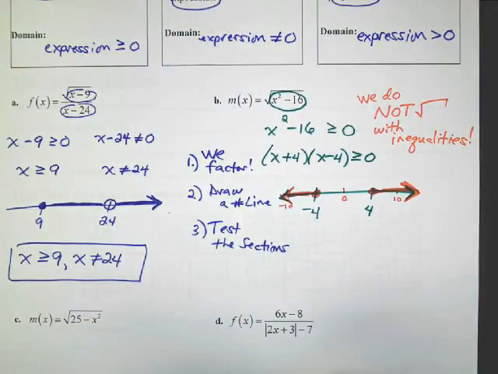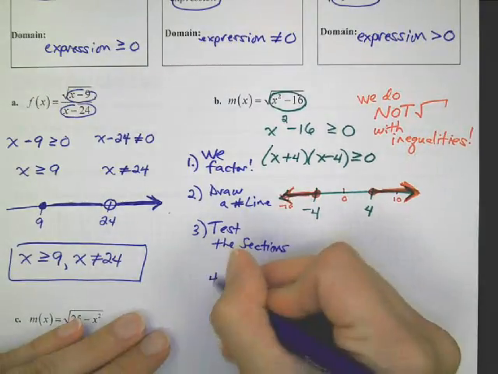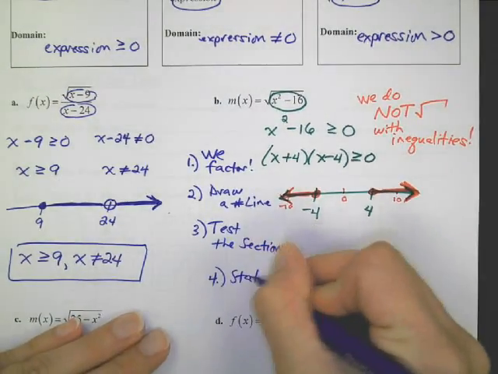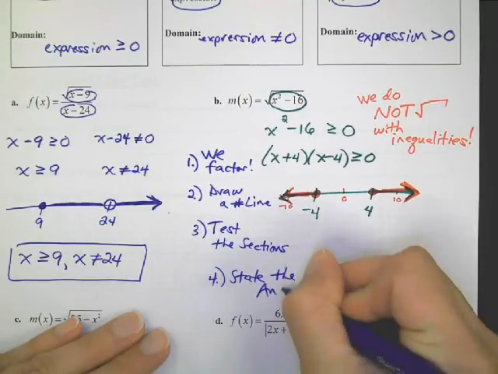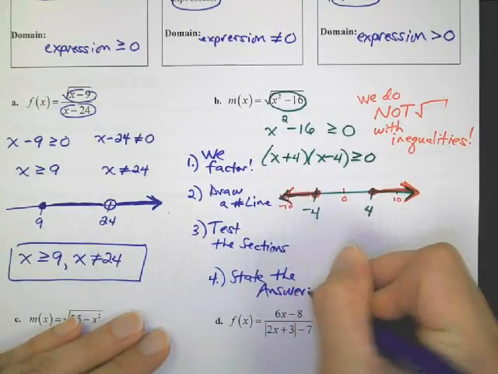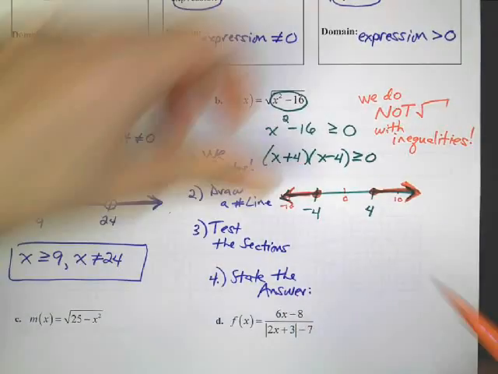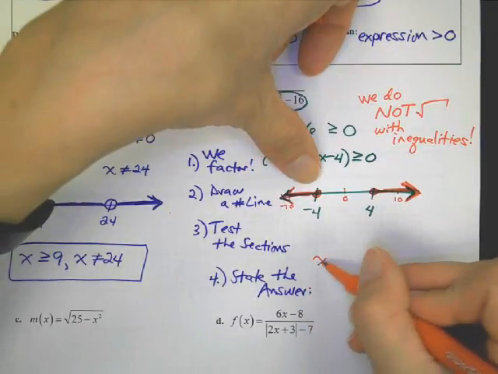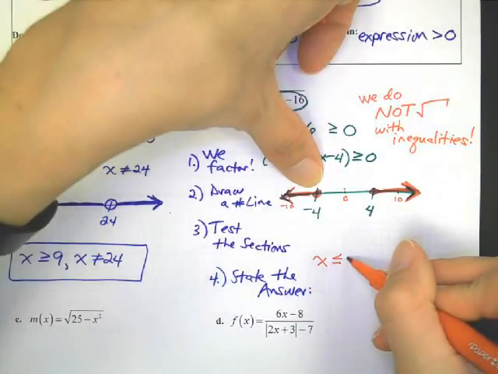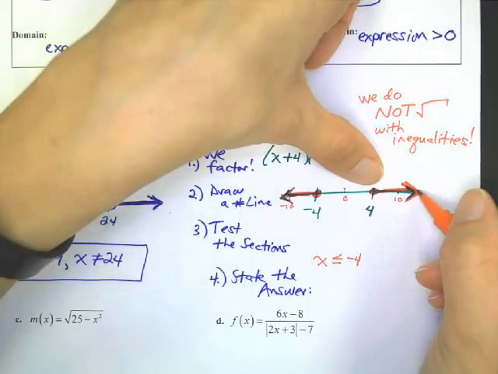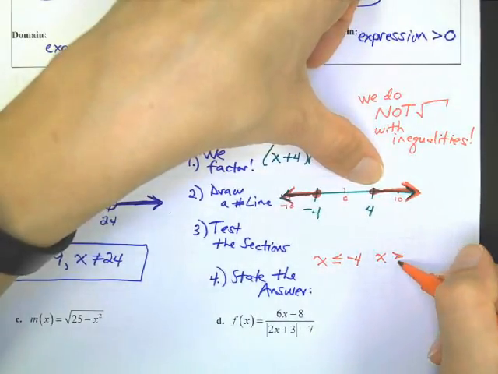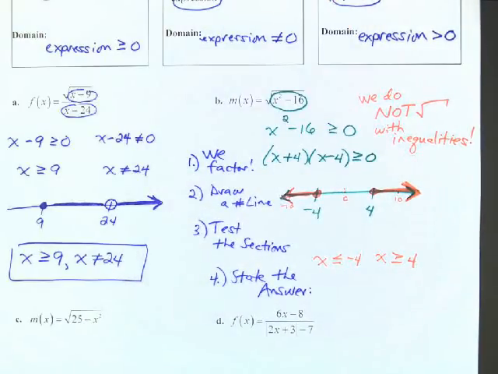Okay, so let's go ahead and officially, step 4, state the answer. So I've got x is less than or equal to negative 4. And then this section, x is greater than or equal to 4.